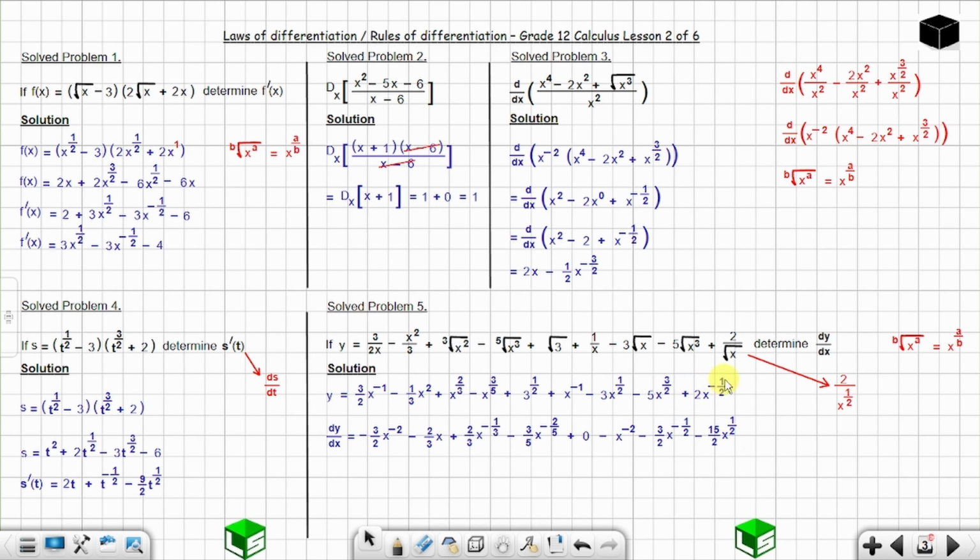You have negative 1 over 2 times this coefficient, negative 1 over 2 times 2, which is negative 1. X to the power of, you subtract 1 from this exponent. So this is negative 0.5 minus 1, which is negative 1.5, which is negative 3 over 2 when you write it as a fraction.